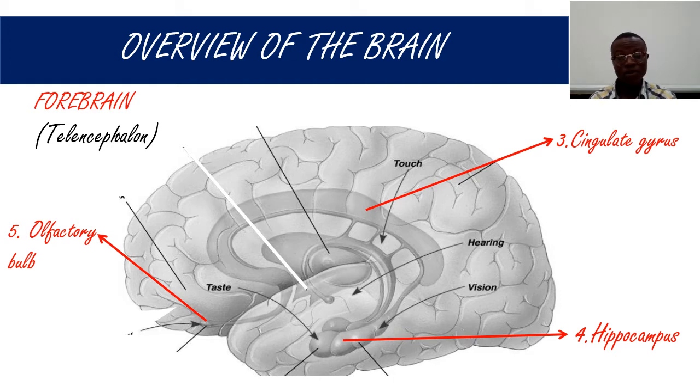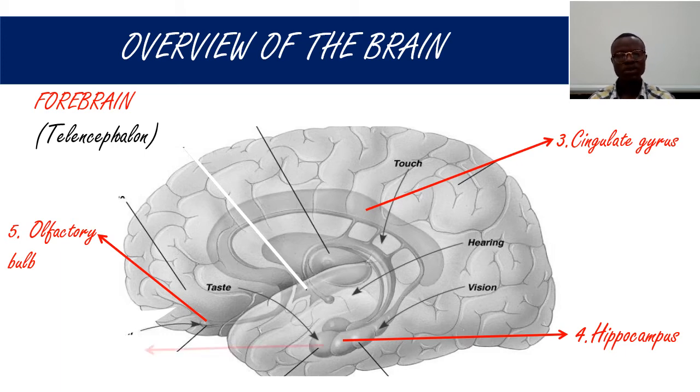Remember, the olfactory nerves located at the top of the nose receive signals and they converge above the cribriform plate to form the olfactory bulbs right at the base of the frontal lobe. So this is one of the important structures located in the telencephalon.